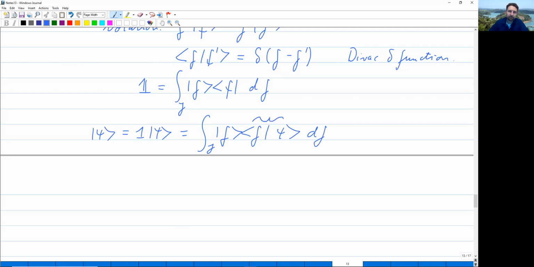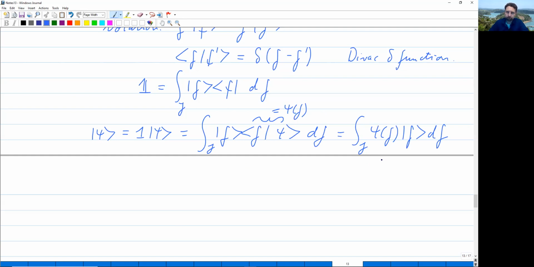And this is psi of f. And so we can write this as the integral J of psi of f, and then f df.